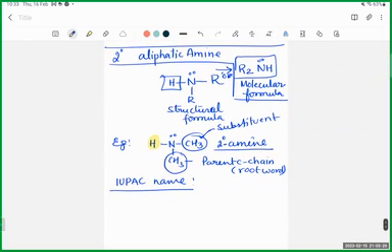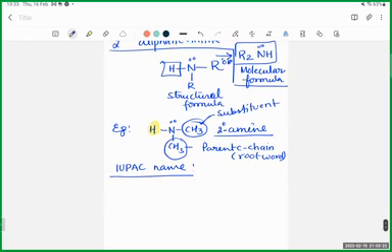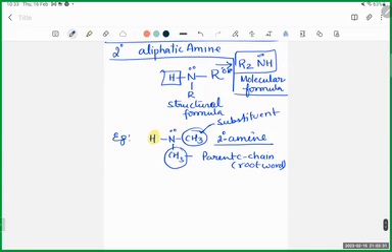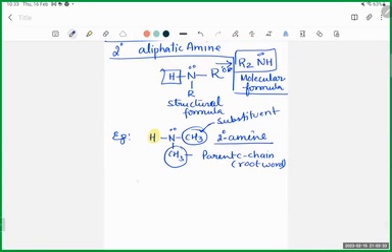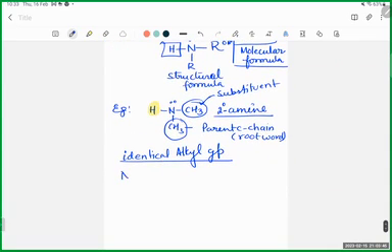Yes, ma'am. So this is applicable for 2 degree. What is the rule over here? One more thing: if the number of carbons is equal, identical alkyl groups, identical meaning the same number of carbons present on both sides, this is applicable for that. Okay, N-alkyl formula.